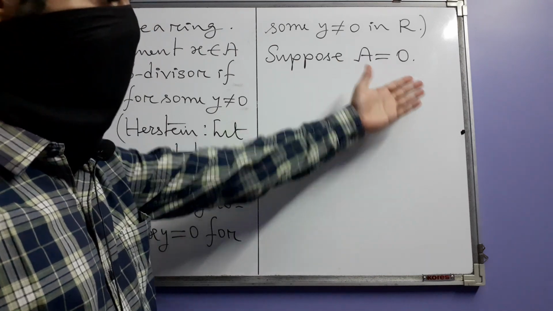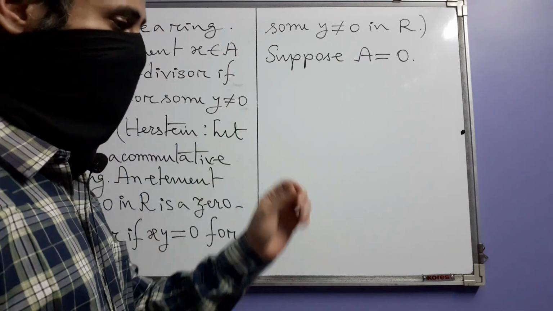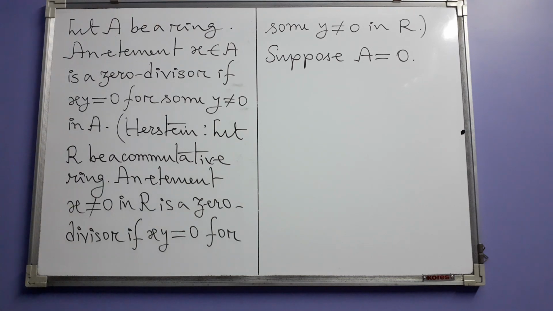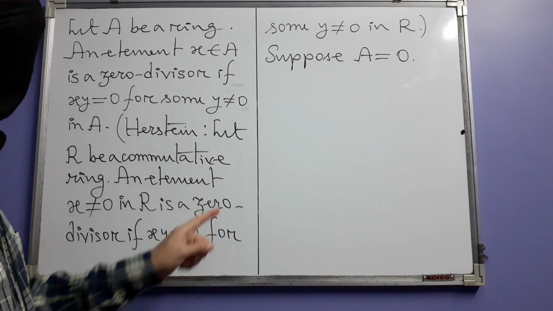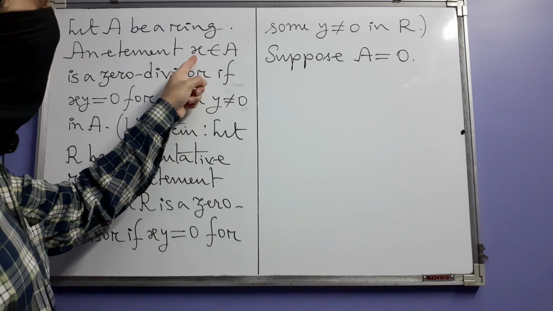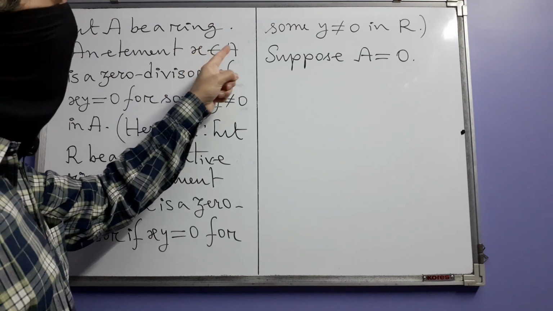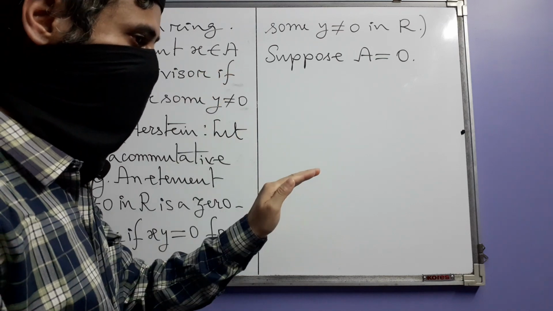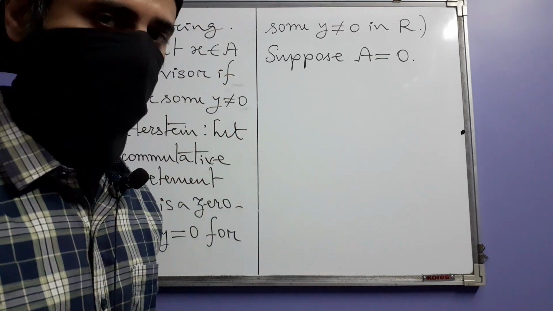So it is the 0 ring. That means in this ring there is only one element, the 0 element. So although Atiyah and Macdonald allow 0 to be a zero-divisor, in the 0 ring, 0 is not a zero-divisor.